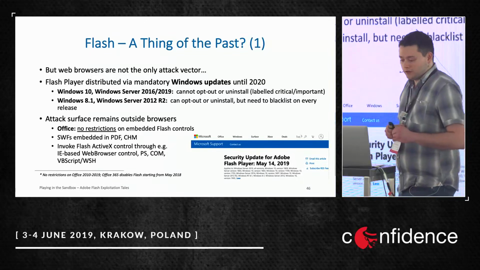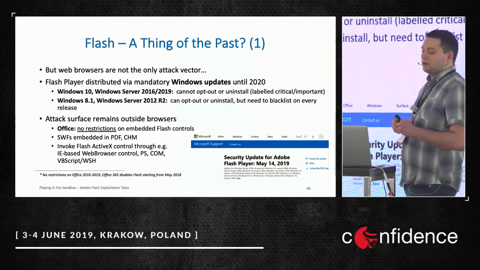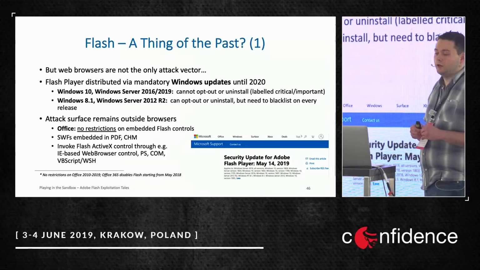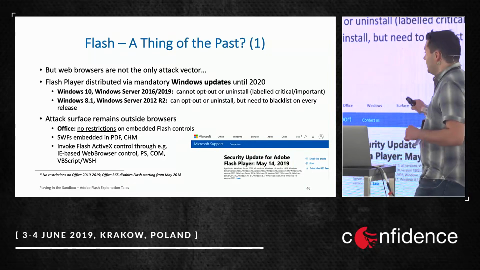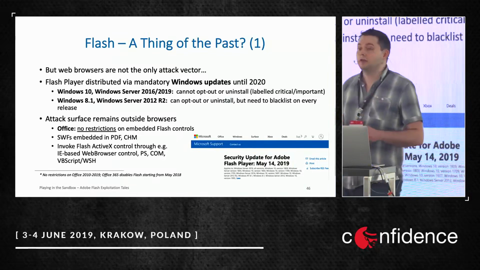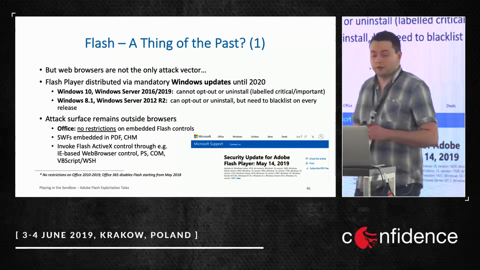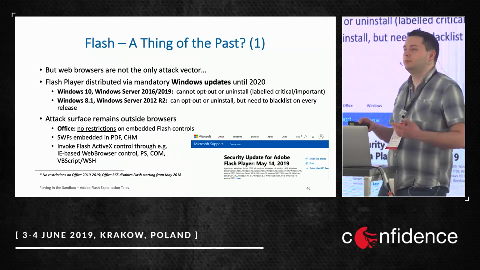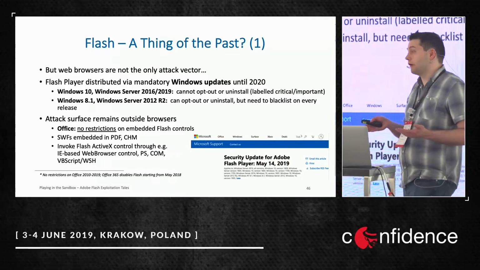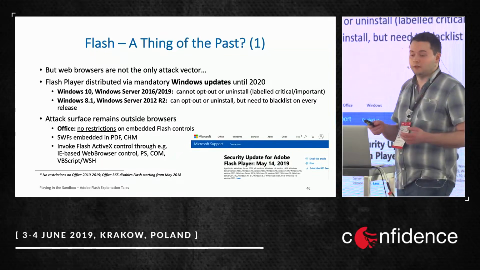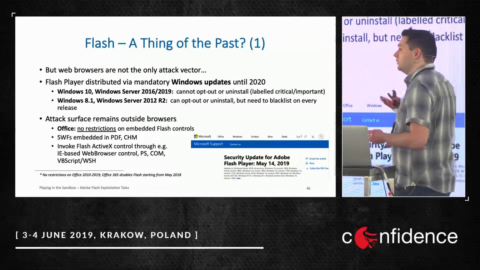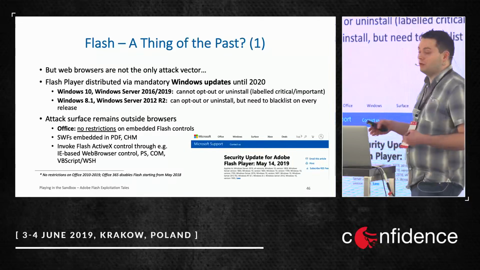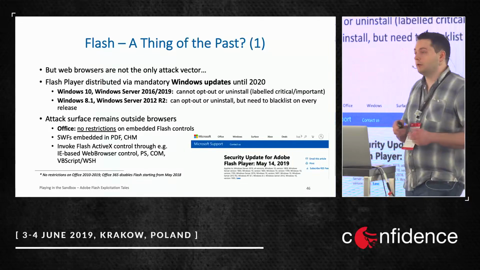As for the rest, you can embed SWFs in PDFs and in compiled HTML help files, and because Internet Explorer does not restrict Flash at all, if you can get hold of an Internet Explorer-based web browser control, you're back in business. And also when you manage to invoke the Flash Player control through, for example, PowerShell or COM or the Windows scripting host.